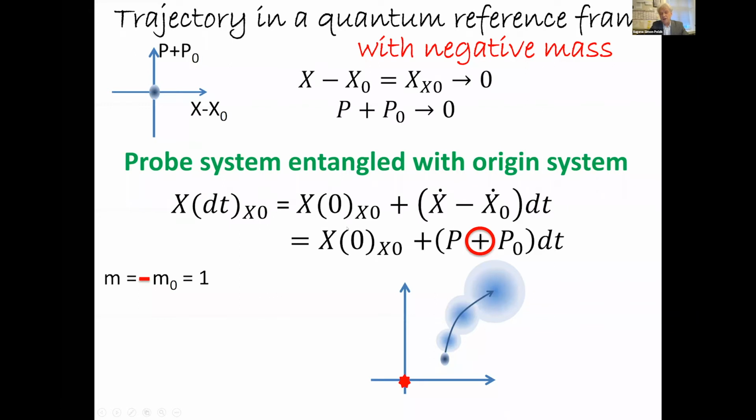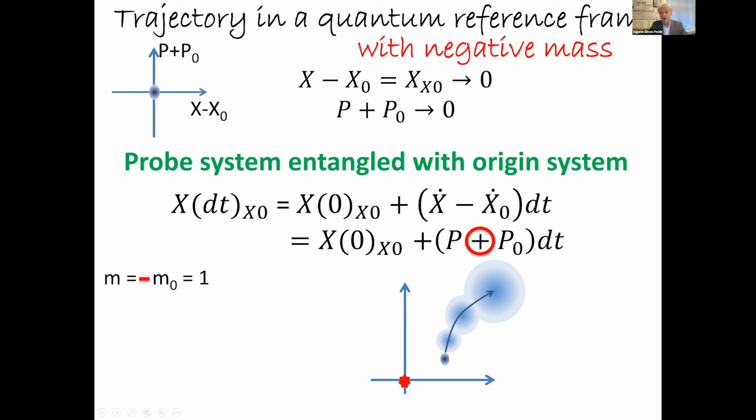And now I have the trajectory, which is defined by two commuting variables, the difference of the positions and the sum of the momenta, which means that if I create an entangled state between those two objects, and I know the difference and the sum exactly, I will know it forever.